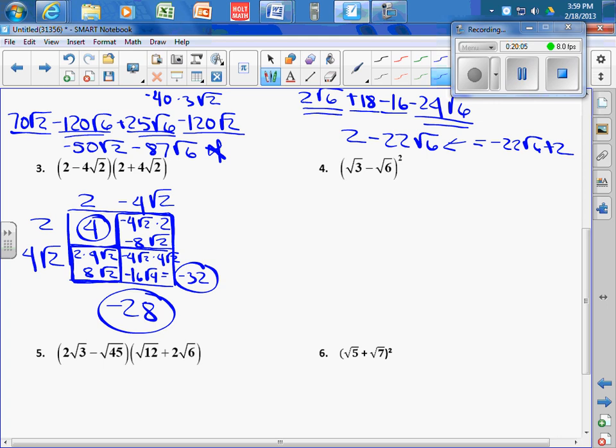In number 4, squaring a binomial means you're going to take that binomial, and remember that you're multiplying it times itself. So what will it take to multiply these two things? It's going to take window panes.